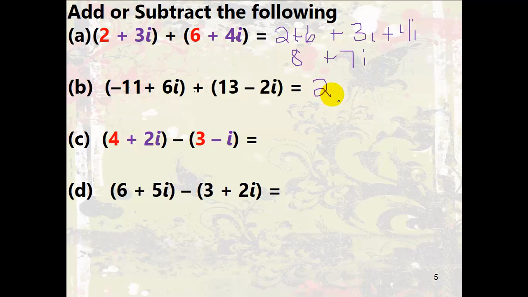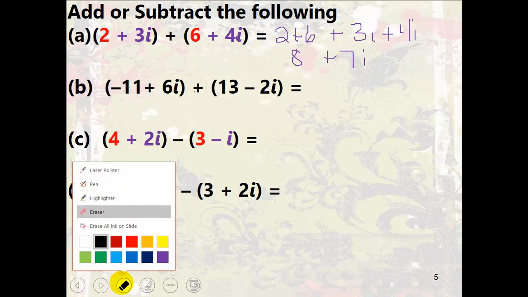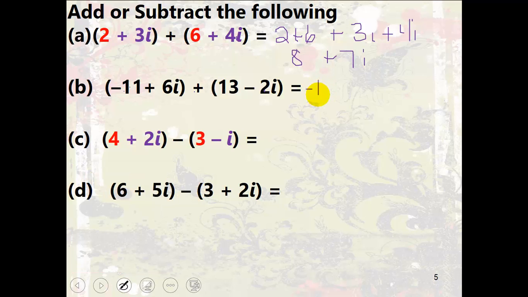And then I'm going to go 6i plus negative 2i. So I'm going to get 2 plus 4i.